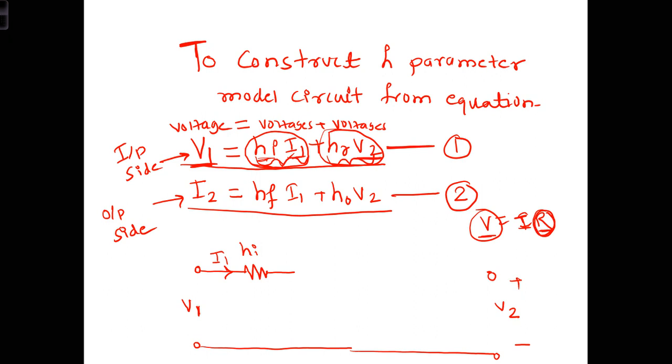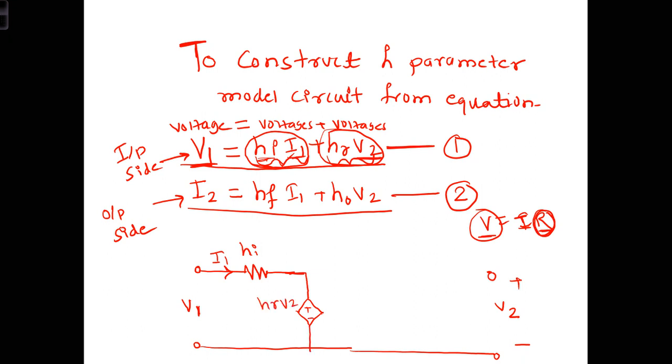So what is that thing? Some proportion of V2 is taken, and that proportion depends on HR. So it should be a dependent voltage source. So I can draw here a dependent voltage source, its value is HR into V2.